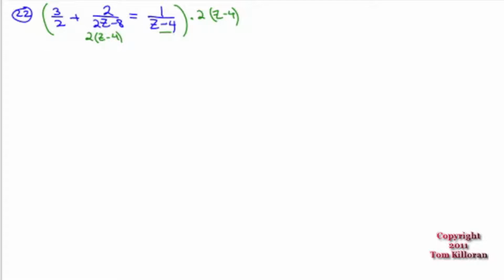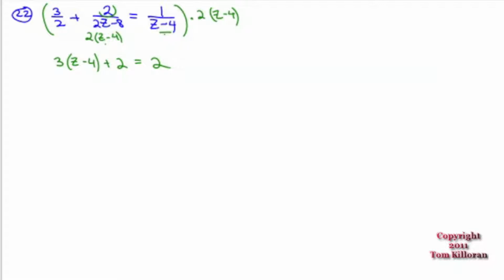If we distribute over to 3 halves, what goes away? The 2. You're left with that factor of 3 and the quantity z minus 4, plus, the 2 and z minus 4 cancel out, and you're left with a factor of 2 from the top, so don't forget him, equals, the z minus 4s cancel, and you're left with 2 times 1, better known as 2.